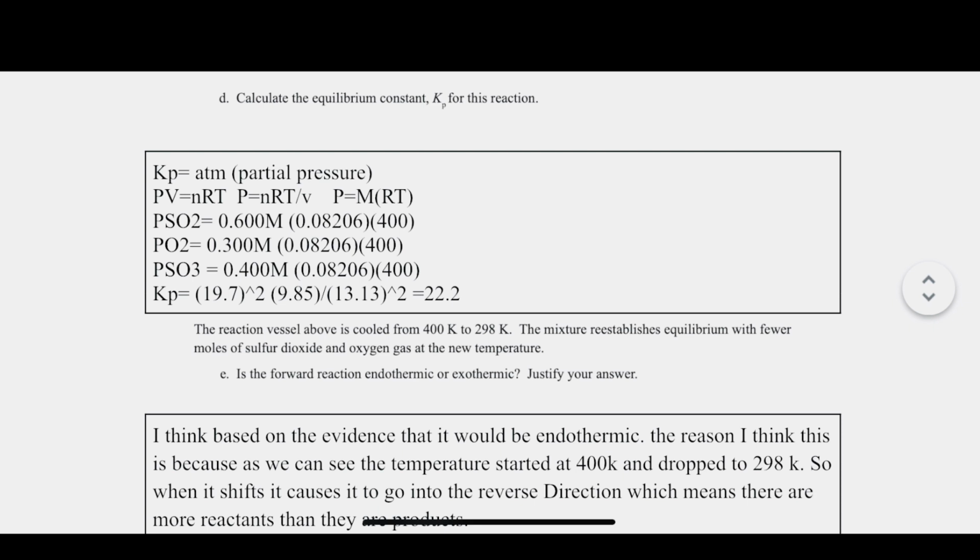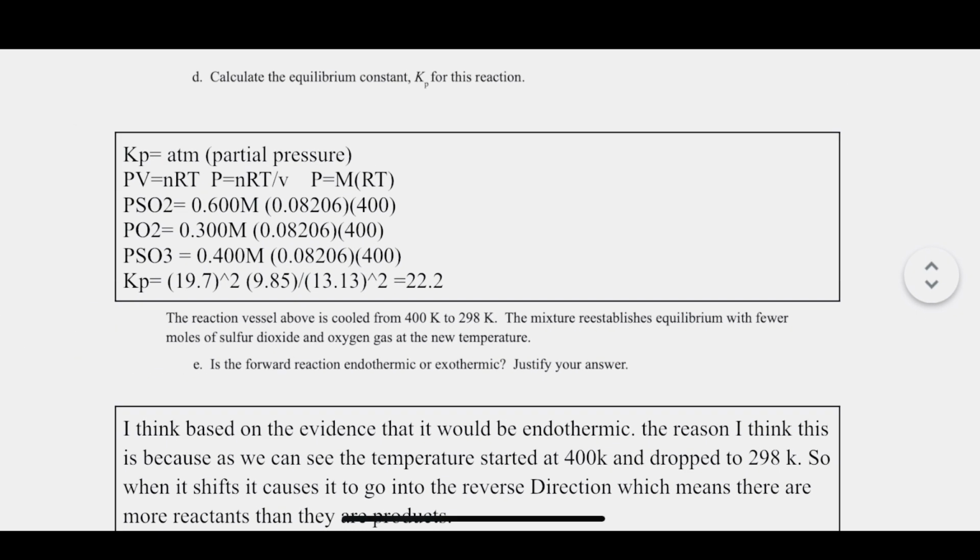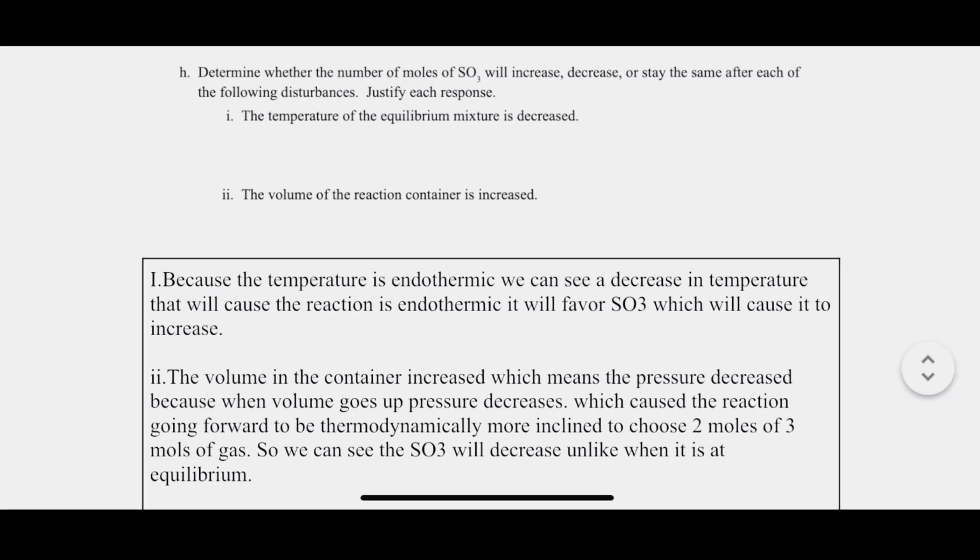So I think based on the evidence that it would be endothermic. The reason I think this is because the temperature starts at 400 K and then drops to 298. So when it shifts, it goes in the reverse direction, which means there are more reactants than there are products.